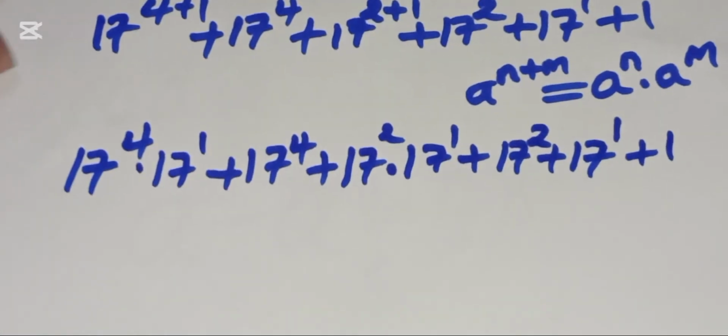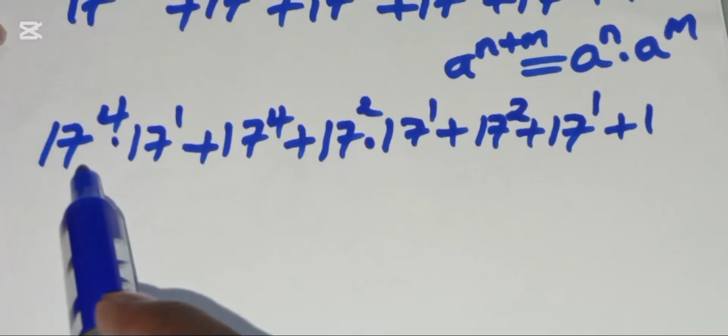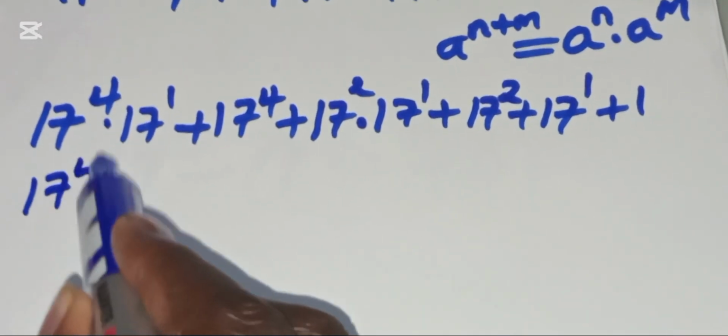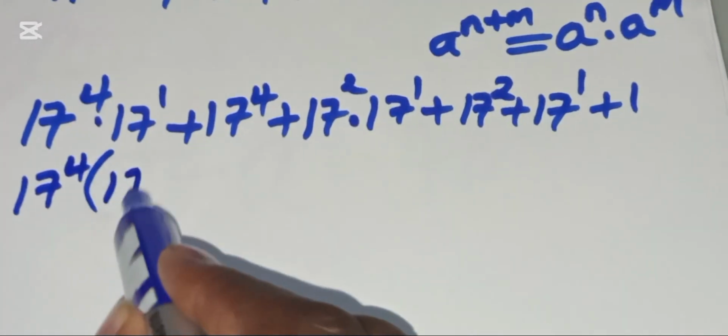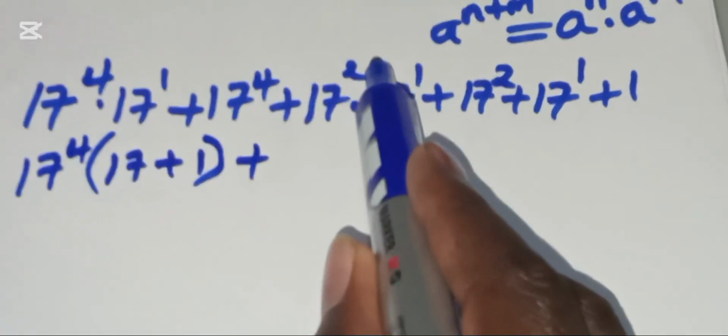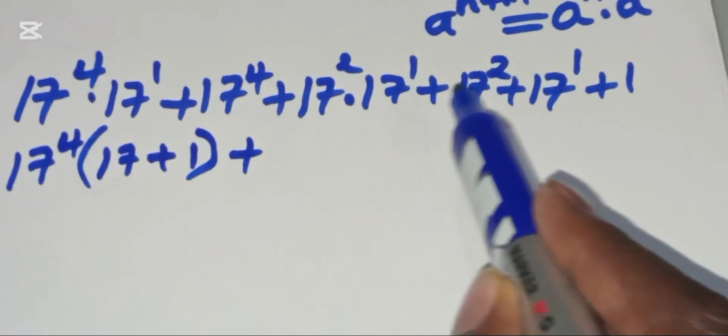Okay. Now, from what we have here, 17 raised to the power 4 is common. So we can factor out 17 raised to the power 4 so that we'll have 17 plus 1 and then plus, now 17 raised to the power 2 multiplied by 17 raised to the power 1 plus 17.